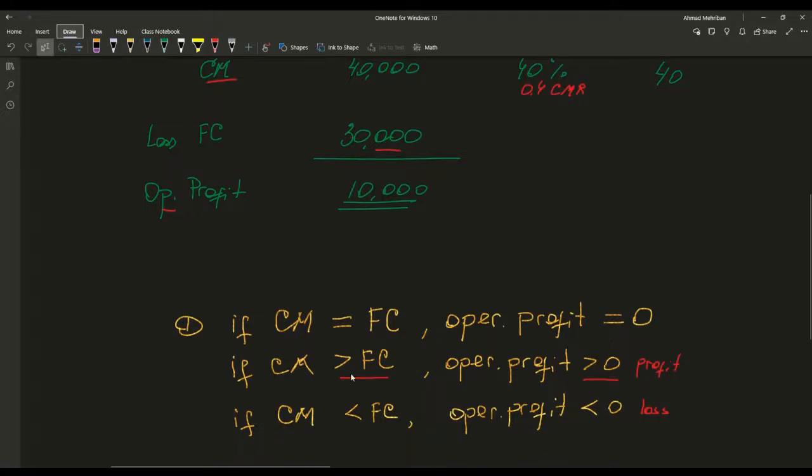If contribution margin equals fixed cost, the operating profit will be exactly zero. If contribution margin is higher than fixed cost, operating profit will end with a profit. And if contribution margin is less than fixed cost, operating profit will be less than zero. Therefore, it will be a loss instead of a profit.